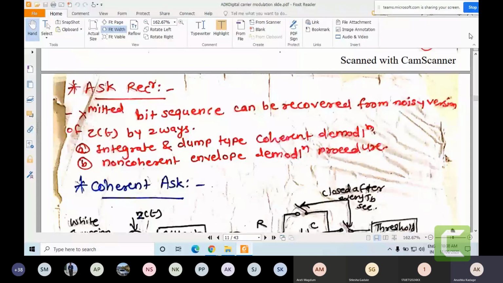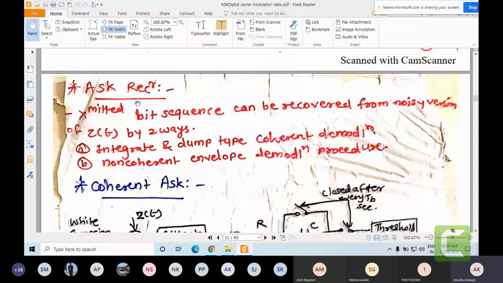And so here, when we are going for this ASK reception, from the received signal, that is the VT signal, two types of demodulator implementations will be possible.